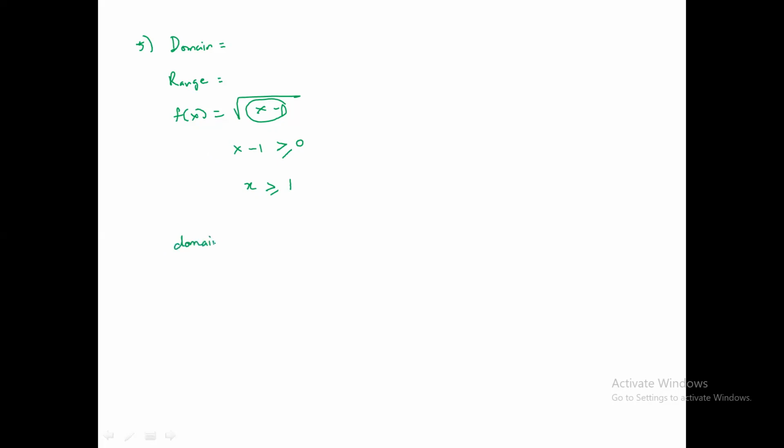So the domain is, you can take 1 and greater than 1 up to infinity. Now, range. Because we have y equal to square root of x minus 1, it's a positive square root. So the range can be 0 or any other positive number, but never negative.